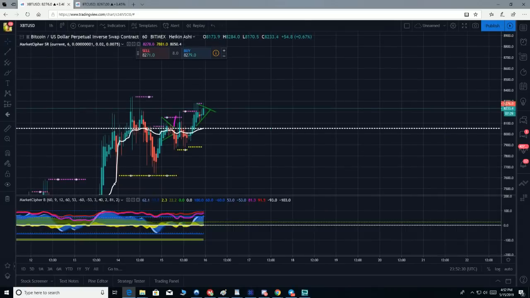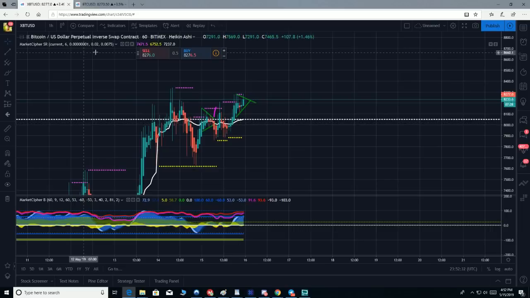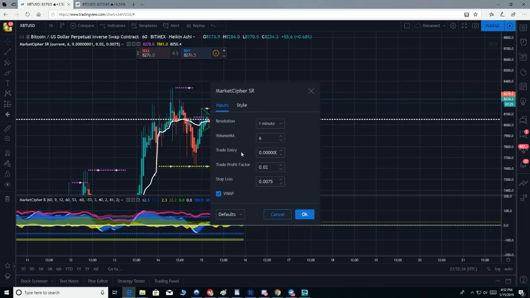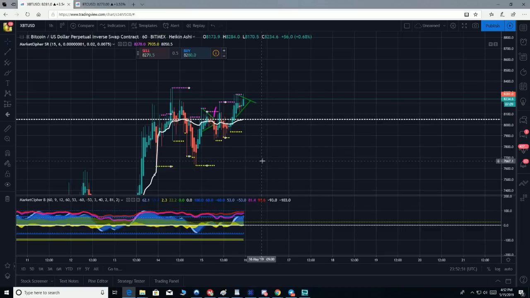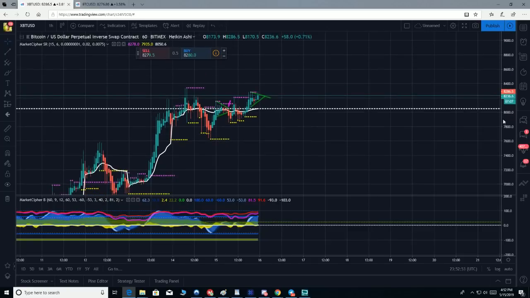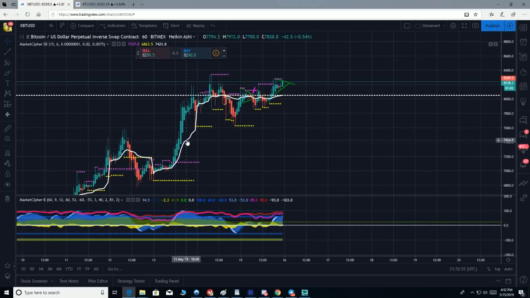Whatever time scale you are on with the support resistance, you're going to click on settings. For the resolution, you want to have 3 or 4 times less than the time scale you are on. So if I'm on the hourly, I'm going to adjust my resolution to the 15-minute, and that is going to adjust this white line.